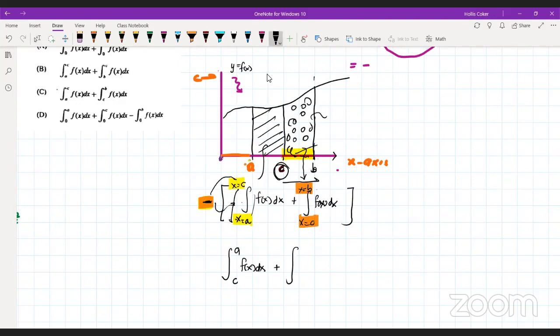So you'll get x equals B on the bottom, x equals C. Intervals flip, C to B, B to C, f of x dx. So C to A, going backwards, B to C, going backwards.